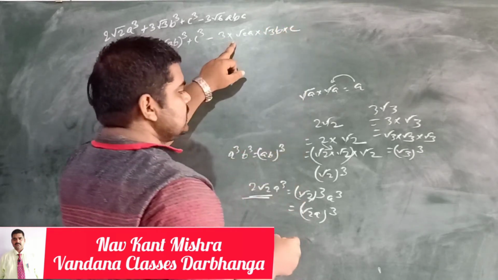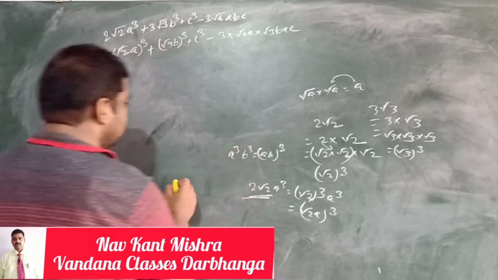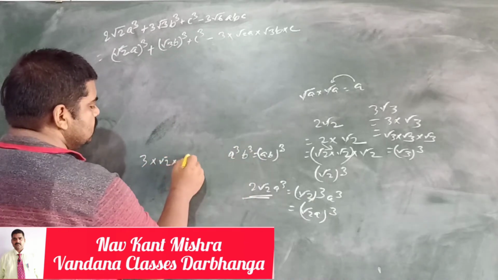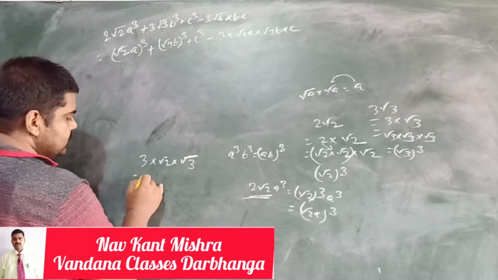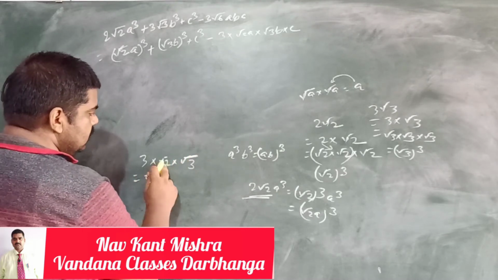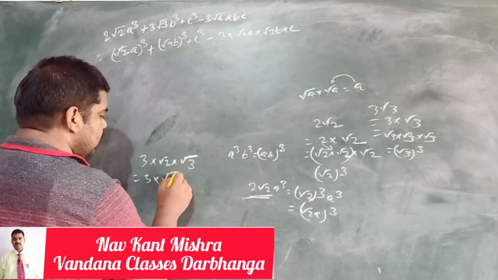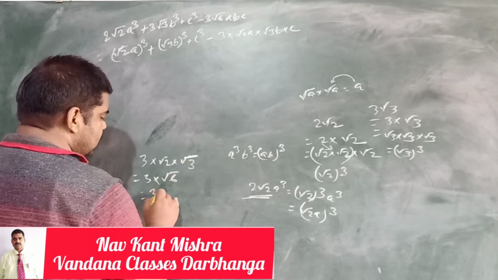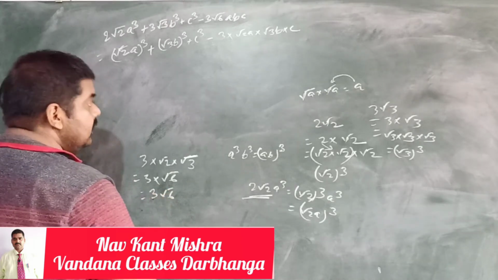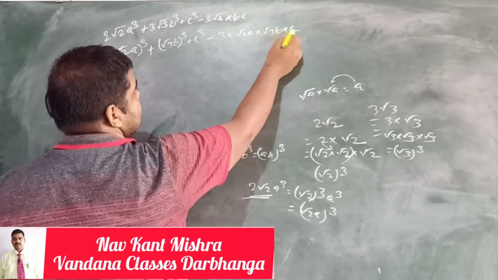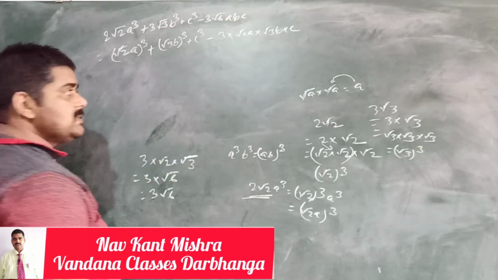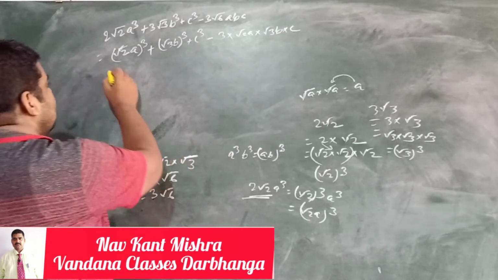And you can see that when you multiply 3 into root 2 into root 3, you get 3 root 6, and there is abc, and this is why when it is multiplied, you get abc.